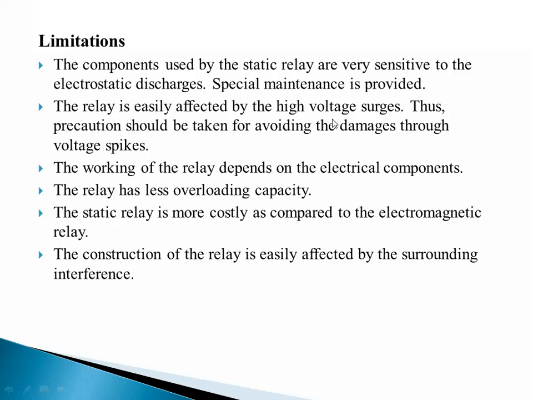They are used for lowering of both voltage and current. For lowering of current, the current transformer is used, and for lowering of potential or voltage, the potential transformer is used.